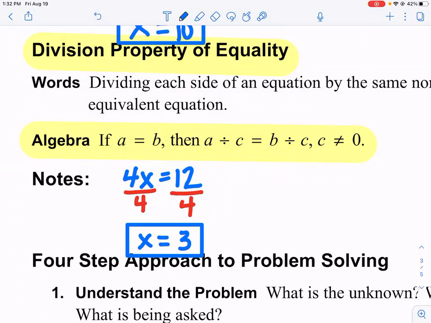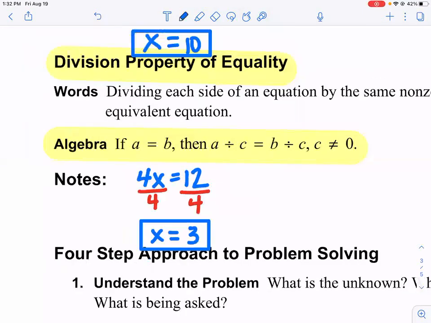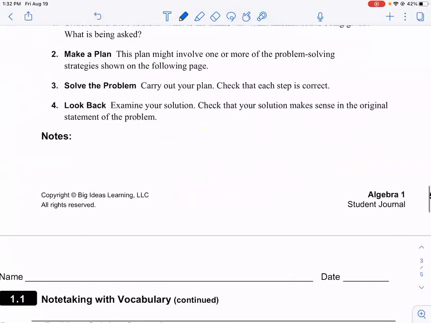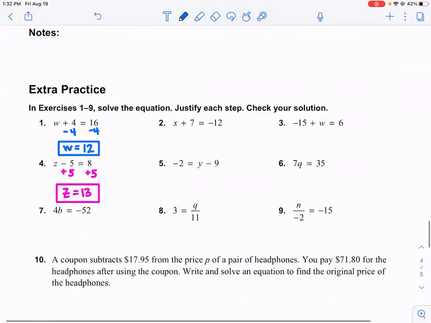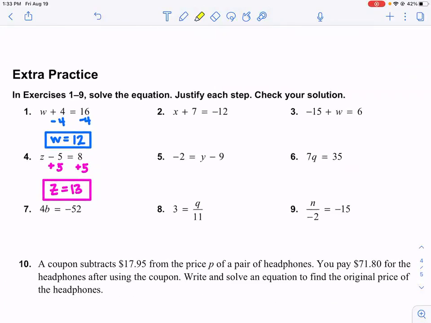Okay, so check in here. How's this feeling? Feel better. Let's do a couple problems with your partner. So let's turn the page one more time, and I'd like you to look at number 6, and I would like you to look at, actually, just kidding, 7 and 9.